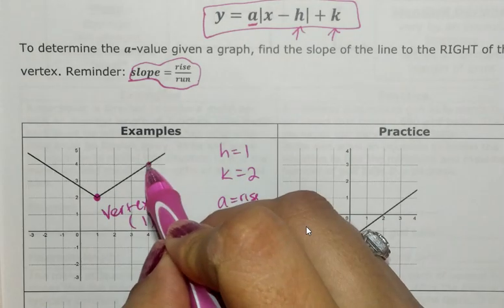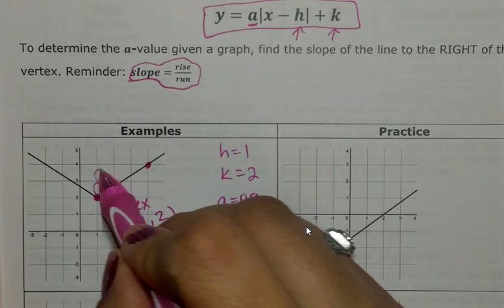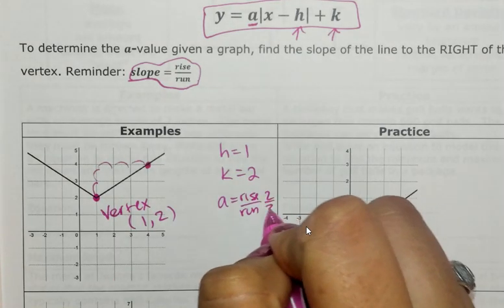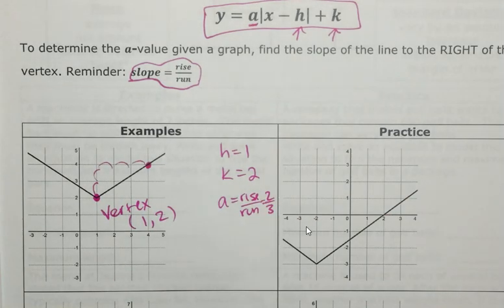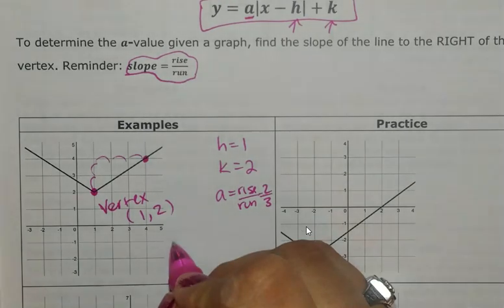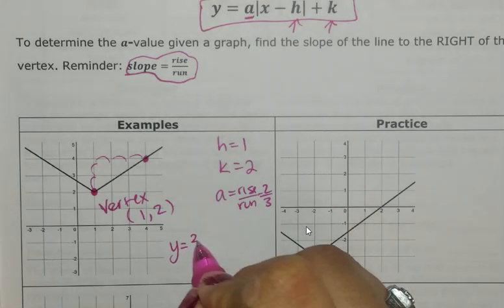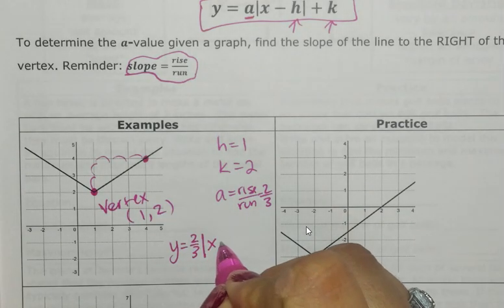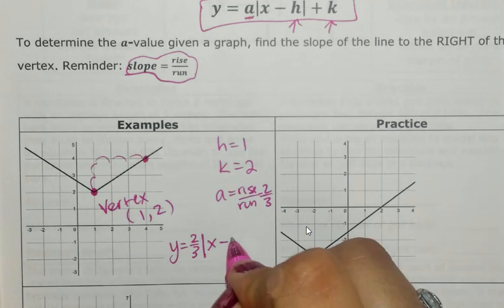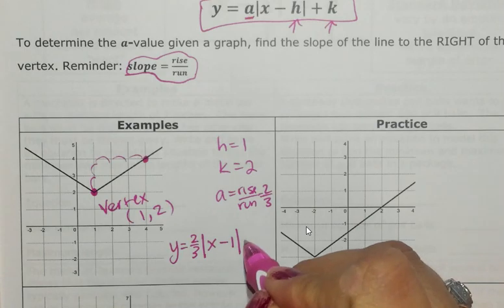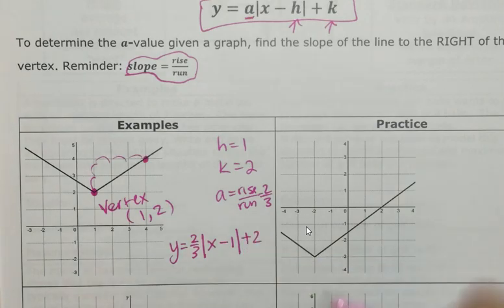So like right here, we're going to rise 2, run 3, so 2/3. Okay, so then the equation would look like this. y equals 2/3 as my a value, absolute value of x minus my h value, 1, close the absolute value, and then plus k, which is plus 2.